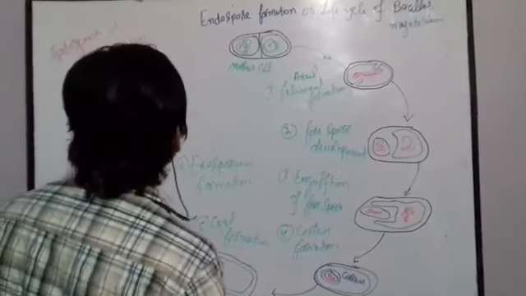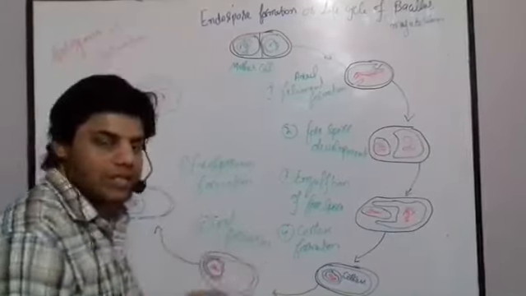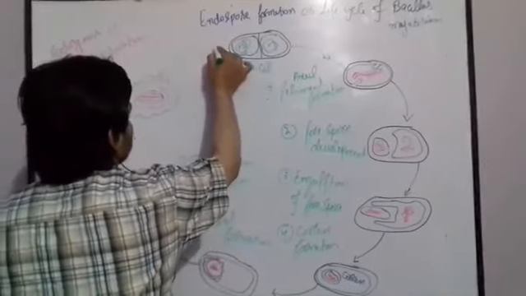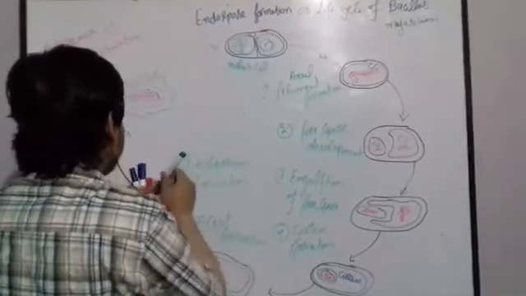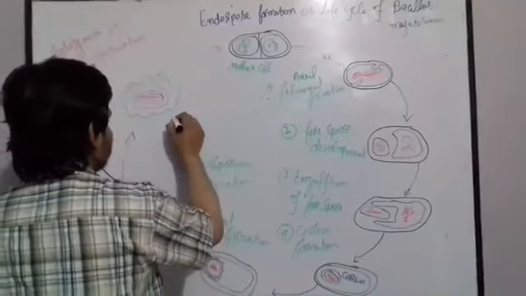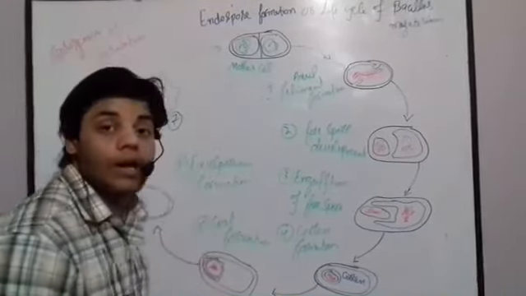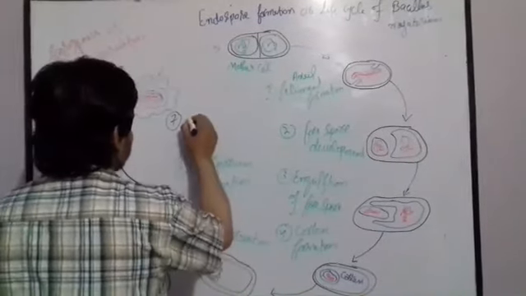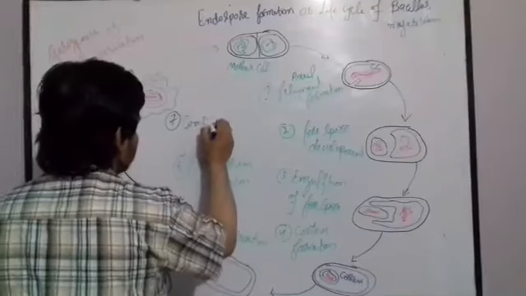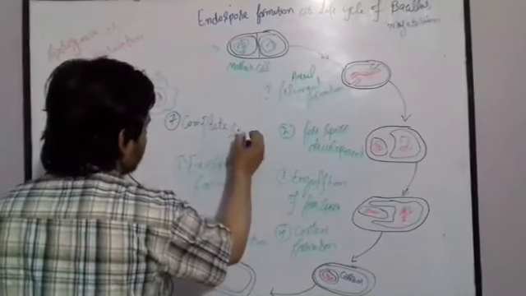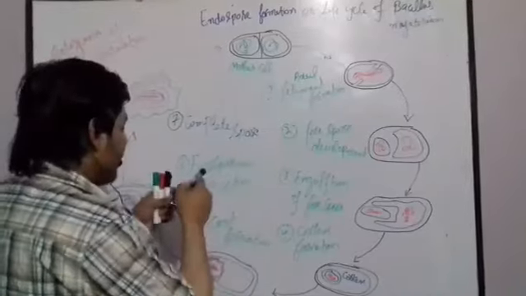So that's how the process is completed, and again this process is started. This is the final step, the seventh step, in which we get a complete spore. So this is the complete spore.